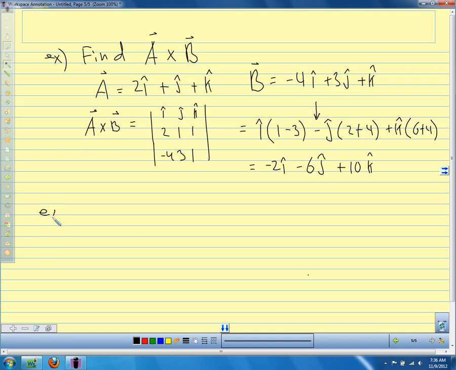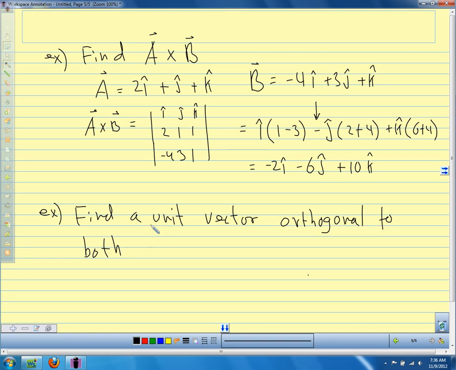So for my second example, the other type of calculation you might see, just asking a question in a different form, we want to find a unit vector orthogonal to both A equals i plus 2j minus k and B equals minus 2i plus 2j plus 2k.